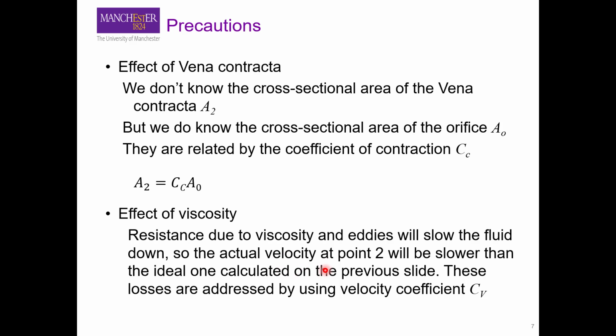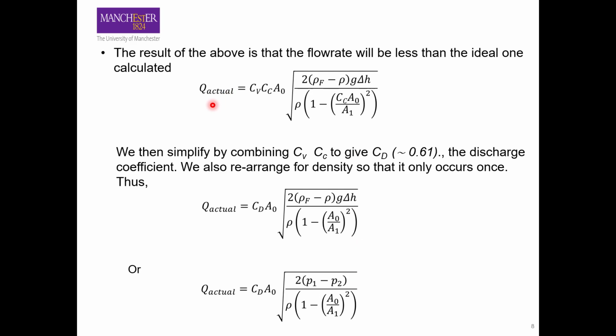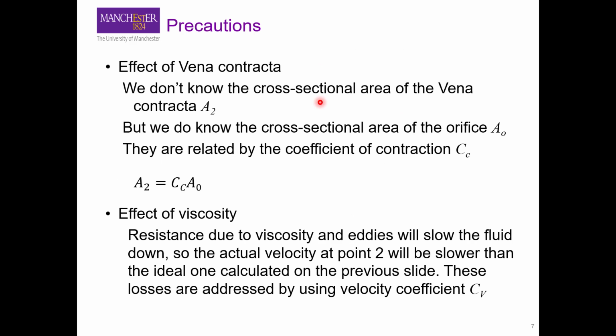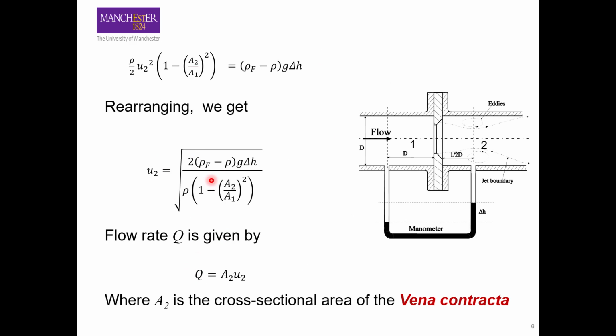So we can combine these two correction factors, and we can write that Q actual should be equal to CV times CC times A0, the area of the orifice plate, times the ideal velocity, that we calculated here on this slide.